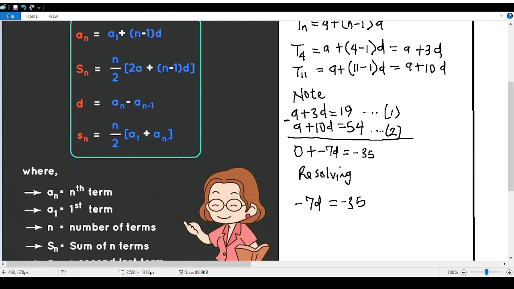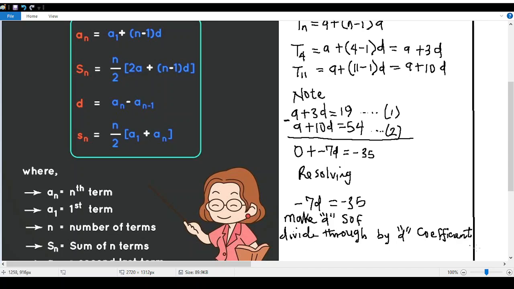So what's the next thing on our plate? We're going to make d the subject of the formula by dividing through with this coefficient, which is minus 7. So we're dividing through by the coefficient.